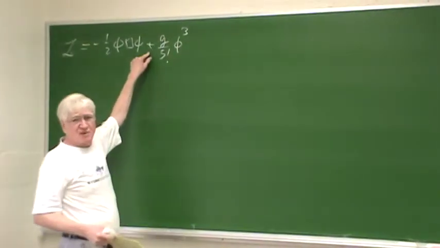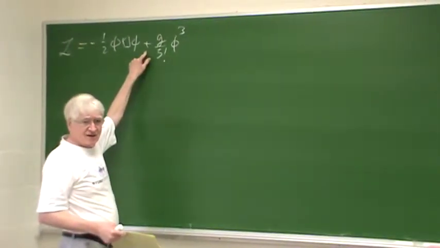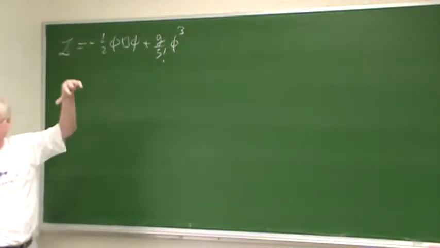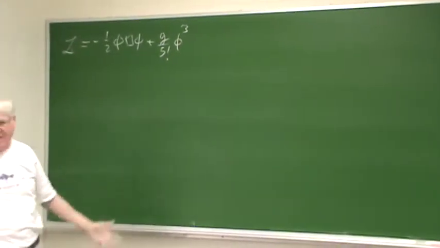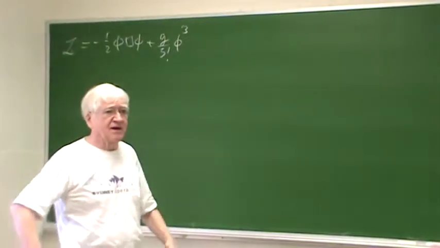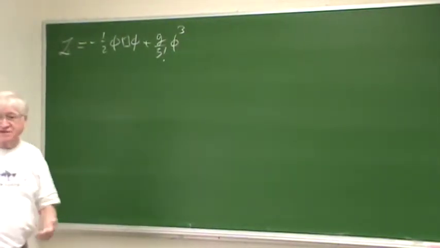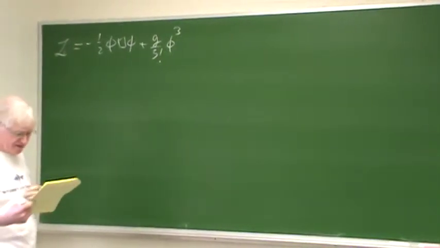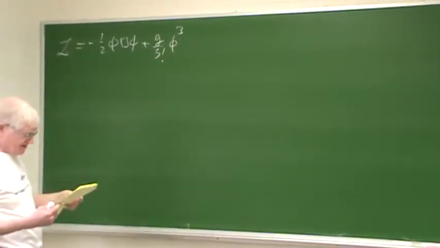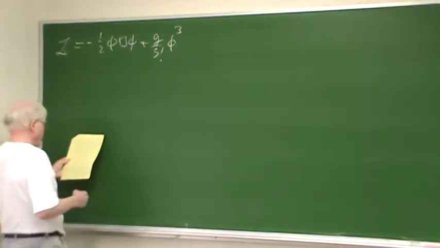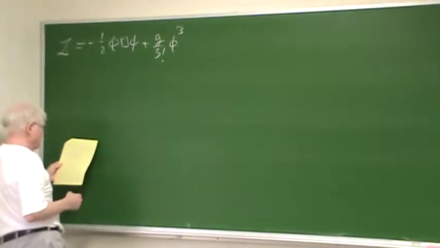Normally this would come in with a minus sign, so in the Hamiltonian it would come in with a plus sign, but since it's phi cubed, you don't really care, and you might as well have it with a plus sign because it'll make the equations a little bit simpler. I mean, there'll be one fewer minus signs.